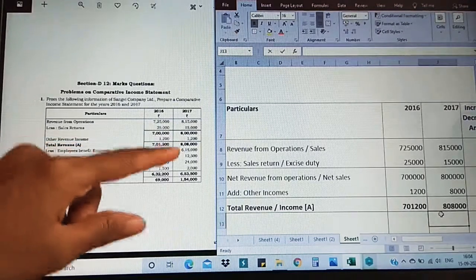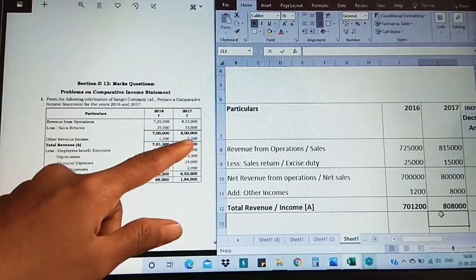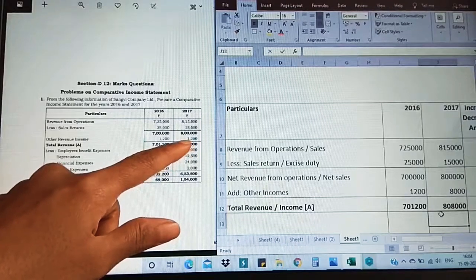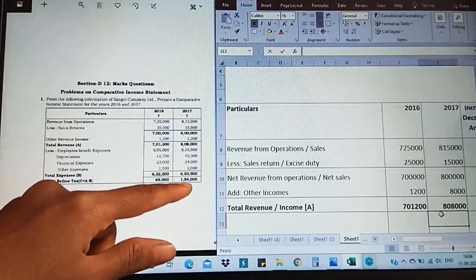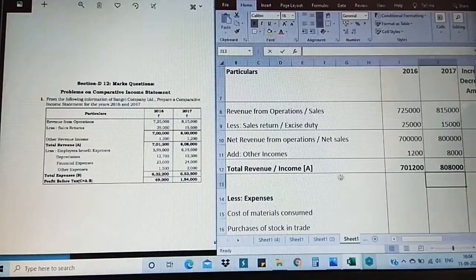There's a printing mistake. This is going to be 8 lakh, 8,000. So this is 8,000. Just make this change, and then alone you'll get the actual value of this. Now we have taken the total revenue or income.